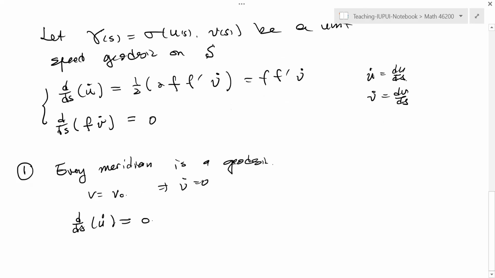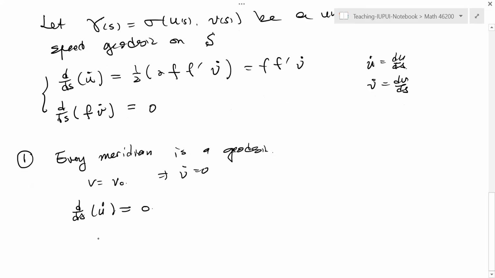So this implies u is going to be As plus B, a constant, right? Differentiate twice, and that is constant. So any such curve is a meridian.